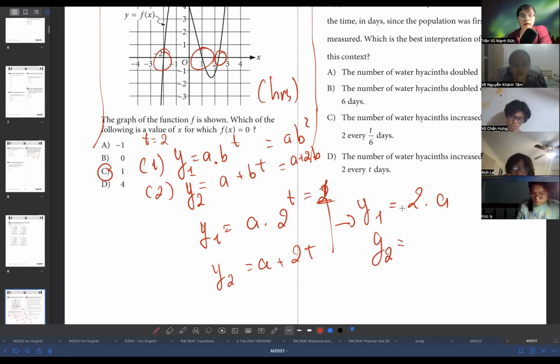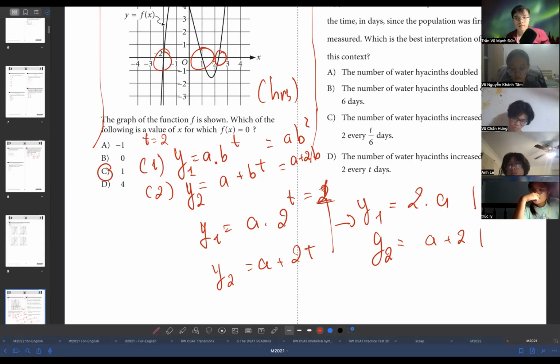After 1 hour, y2 increases by 2, right? So this doubles, and this increases by 2. You can clearly see the difference: increase by 2 and doubles, increase by 3 and triple, increase by 4 and quadruple every single hour or every t, right?